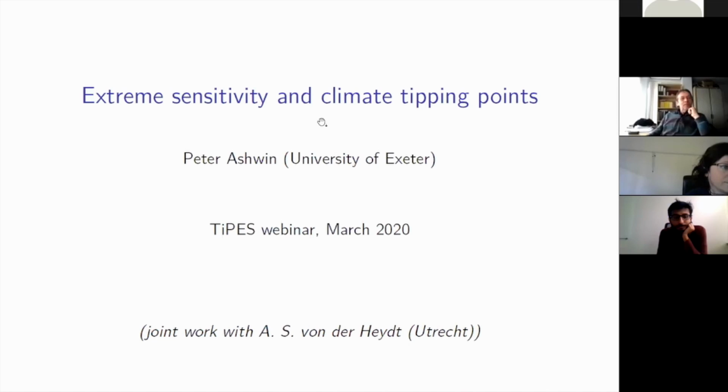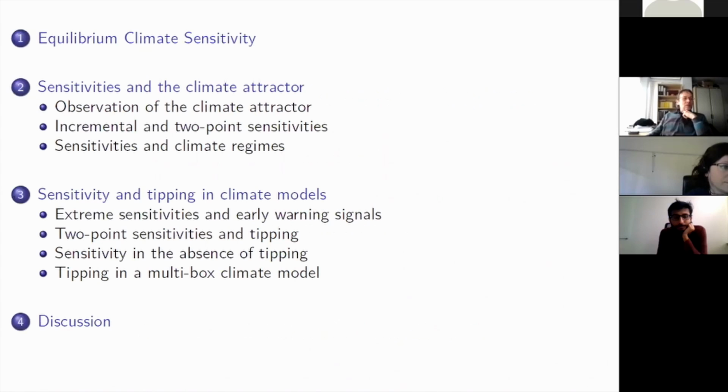Okay, well, thanks for the opportunity to talk to the TiPES group about this work with Anna von der Heydt. I guess it's partly stuff that's been motivating some of the questions that we're hoping to look at in work packages 4 and 5. So we'd be very happy to have feedback on what may or may not be useful.